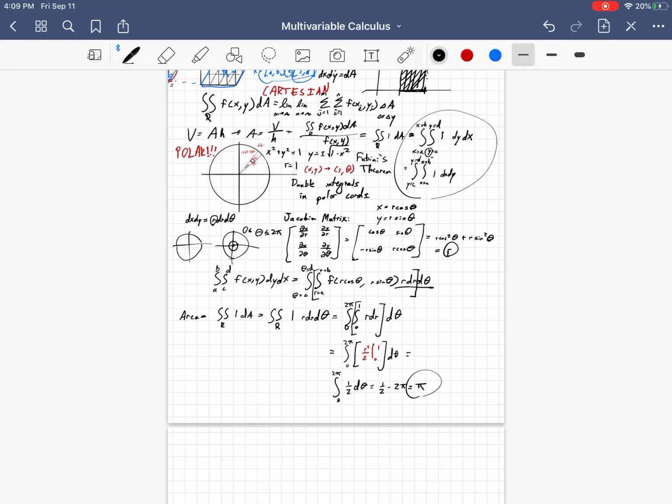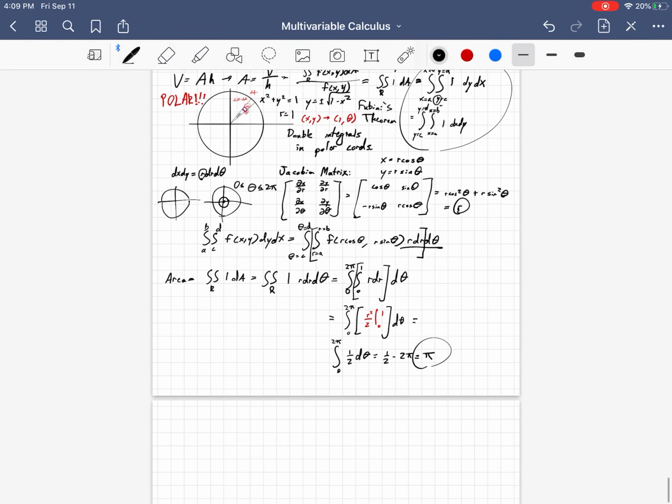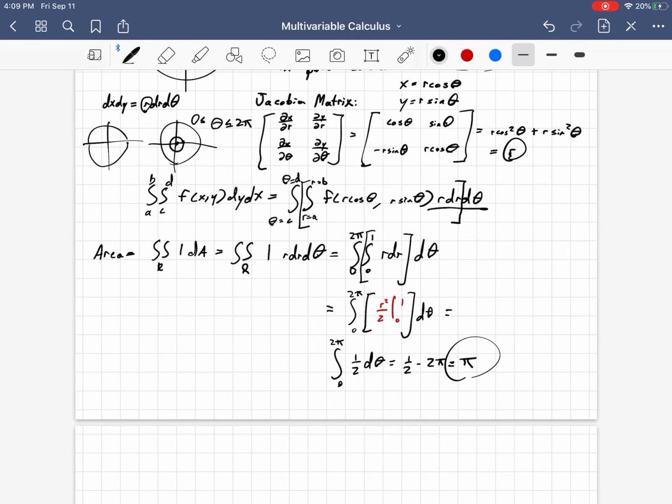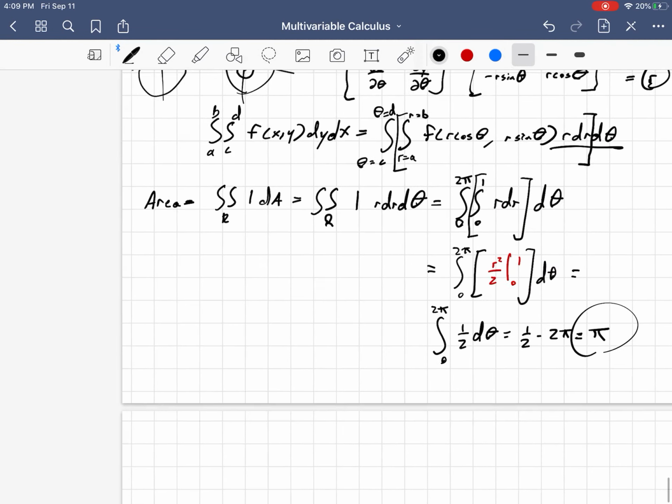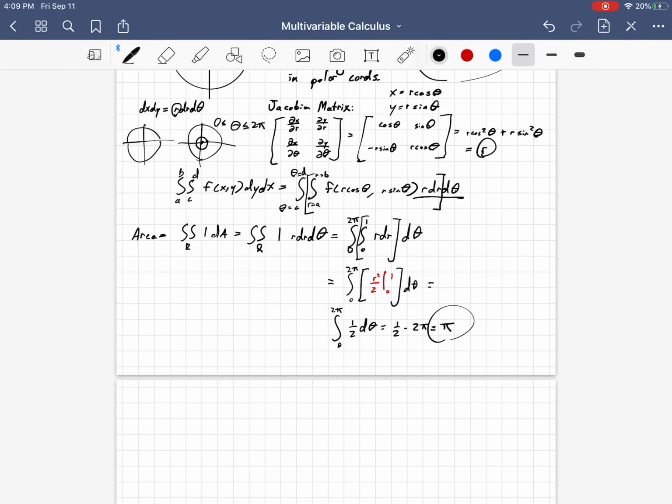But, so why did I go through all this? Well, okay, you never would actually use this method to find the area of a circle. But this was kind of just a fun video to do, and you can use this method to find the area of more complicated shapes, right? In fact, any shape where you can easily describe it in polar.